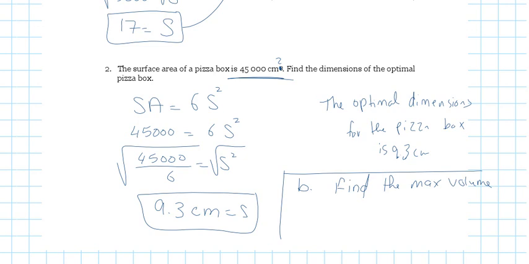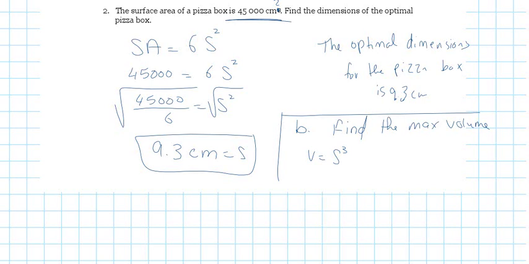Use the volume equals s cubed, and then put in the 9.3 because that's your optimal dimension. Put it in and find your volume, right? And that's going to be the maximum volume you're ever going to get for that surface area.